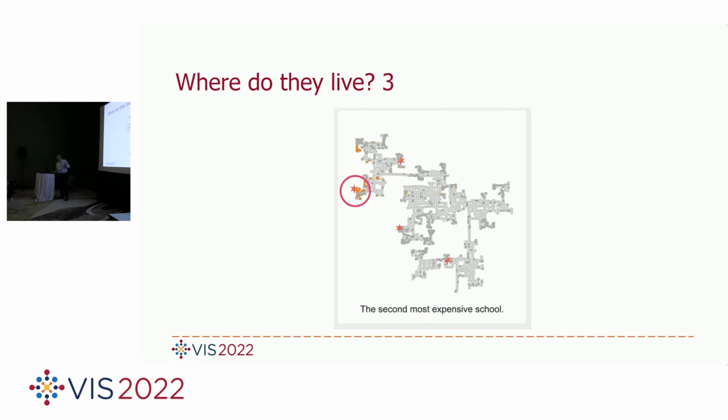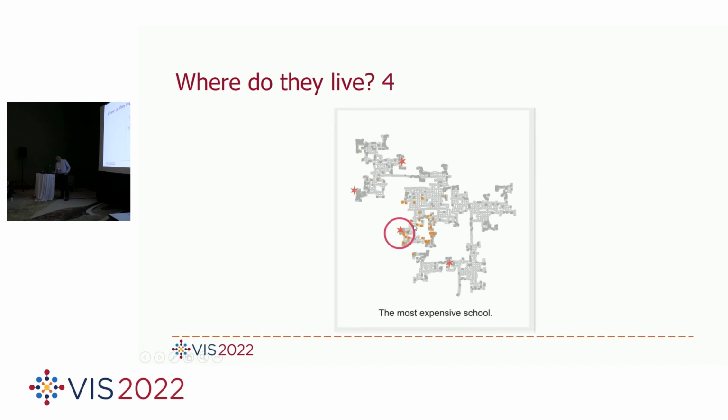And the next one, again, we have a clear cluster of the apartments that pay this fee, and we assume this is the second most expensive school. And finally, when we brush the most expensive school, we see where the people live, and they're all quite close to this school, so we assume this is the school.